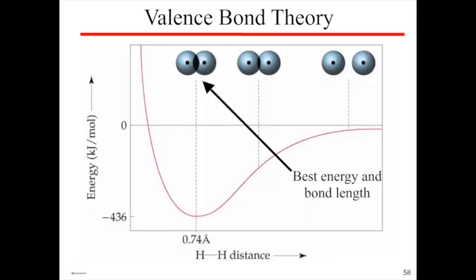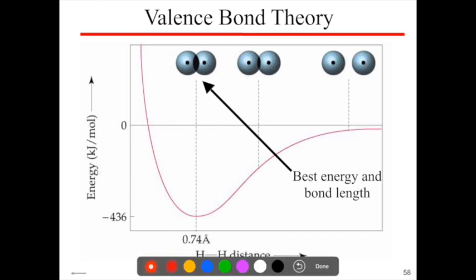Now, how close can these 2 atoms get to make this bond? We can have a distance, and if the 2 atoms are too far apart, they're not bound. There's no bond that is going on. But if you get them too close, the nuclei start to repel each other. If you start getting them close and you have overlap, you start to have stability because of the 2 electron pairs sharing.